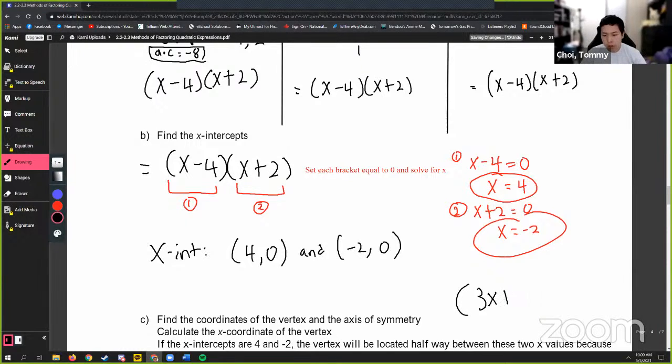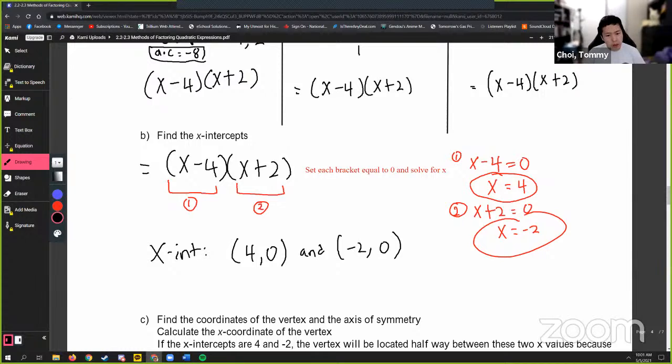So now I'm being more specific for a general case. No matter what kind of factored form you have, if you set each bracket equal to 0, you will always get the x-intercepts when you solve for x. So you do have to do just a little bit of algebra to get your x values. Okay? So that's our x-intercepts.